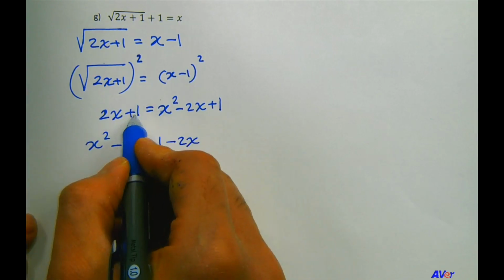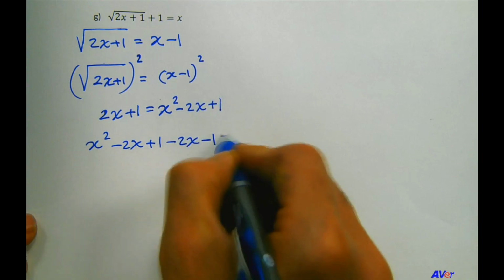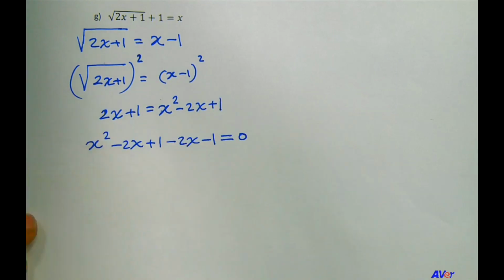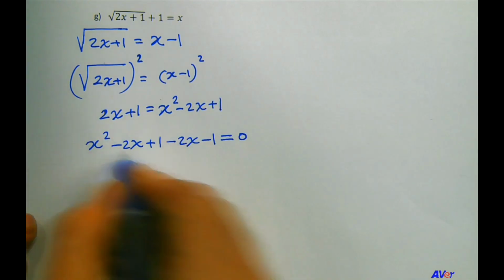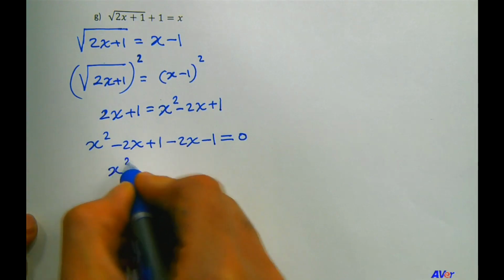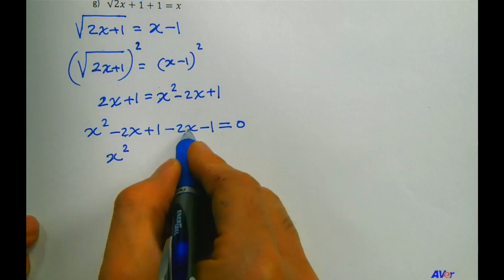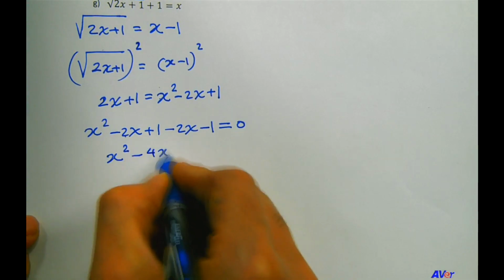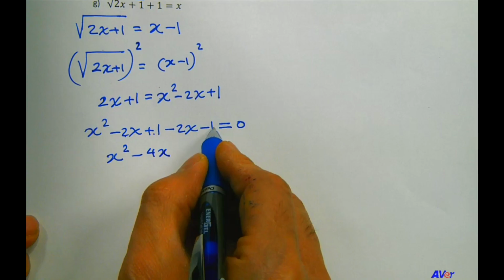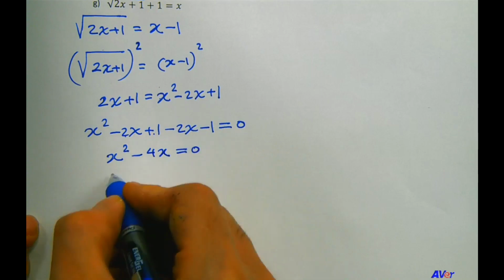Plus 1, when I move it, becomes negative 1, and the other side ends up with 0. So let's simplify this. We get x squared minus 2x minus 2x, minus 4x. 1 and minus 1 add up to 0, so equals 0.